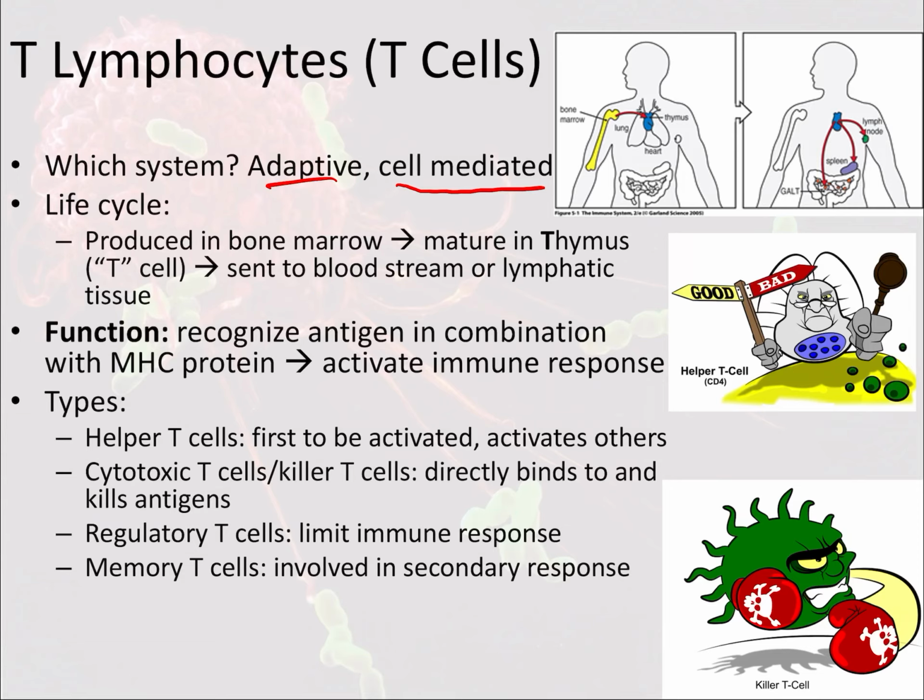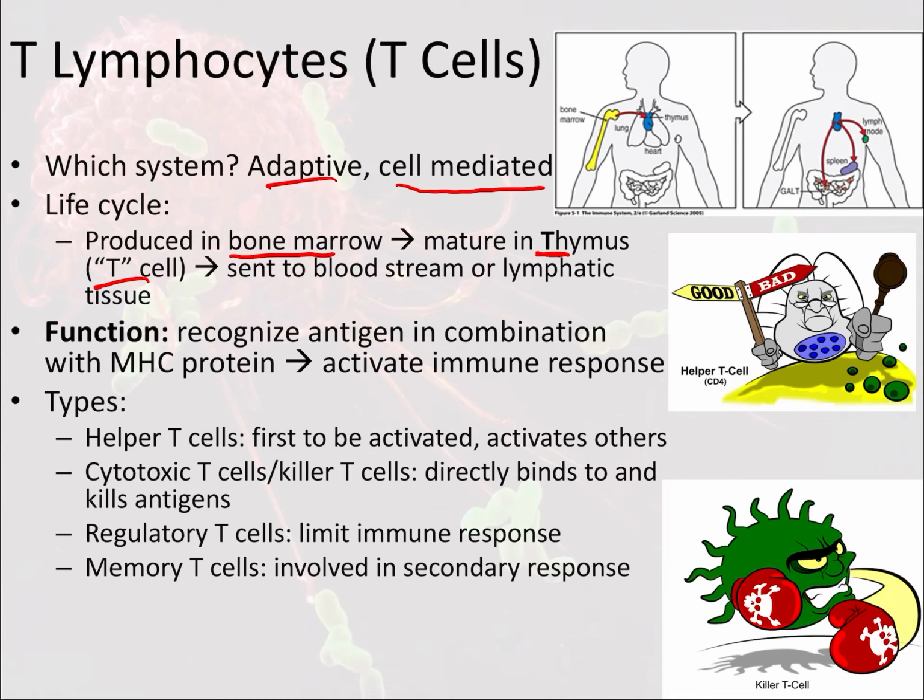Okay, they're produced in our bone marrow, but they mature in the thymus, and this is where they get the name T cell. They're sent to the bloodstream or lymphatic tissue after they mature. Remember that the thymus was that big gland around the trachea that pretty much goes away in adulthood.